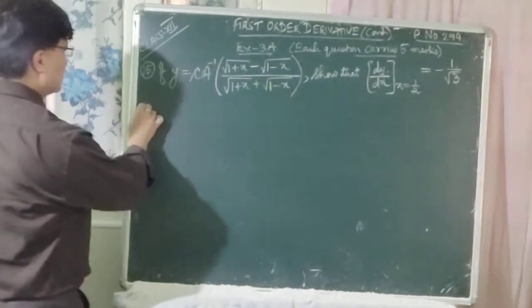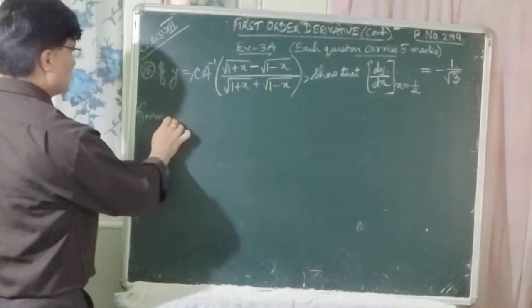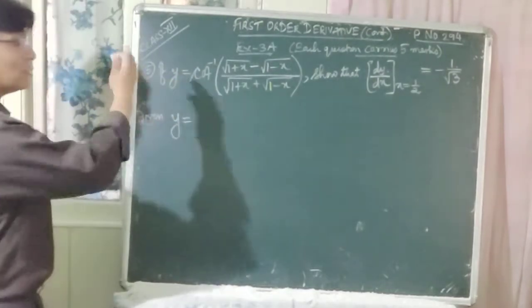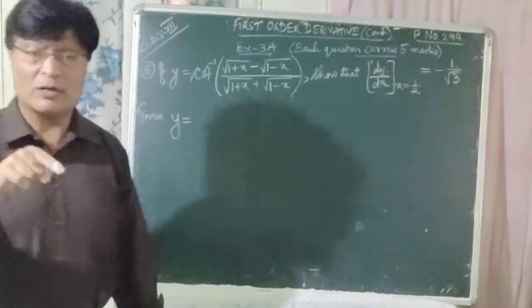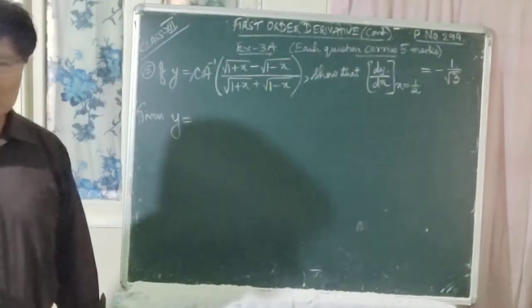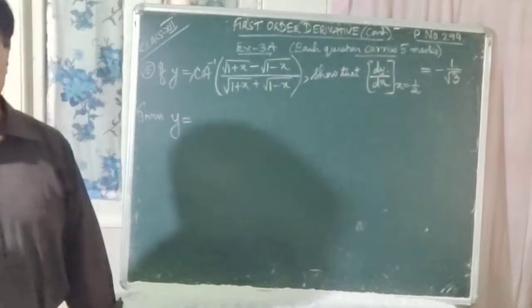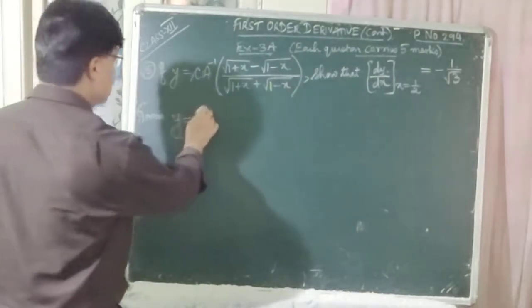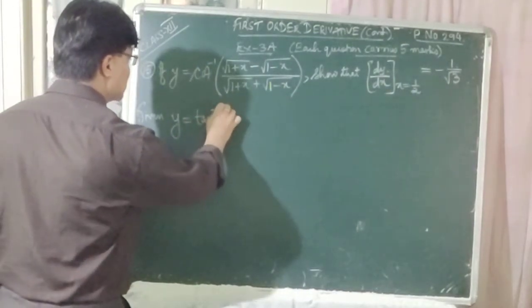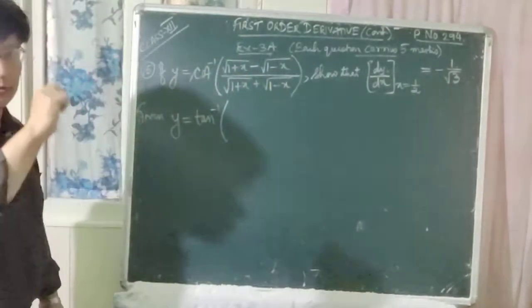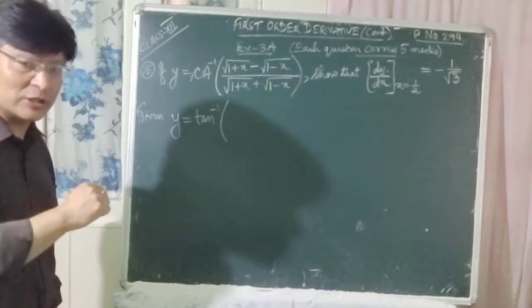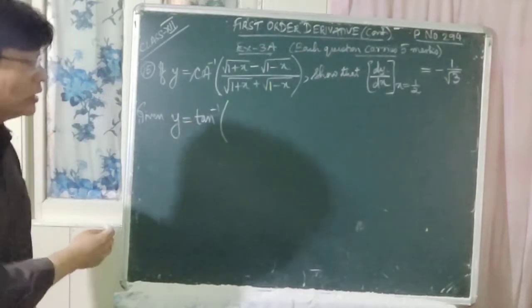So let's write down this given. Y is equal to, let us convert this cot inverse into tan inverse. How can you convert cot inverse x into tan inverse? You know that in inverse functions, it is tan inverse 1 upon x. So it is tan inverse, and what is 1 upon x here? You have to make it upside down, that is, numerator goes to the denominator and denominator to the numerator.